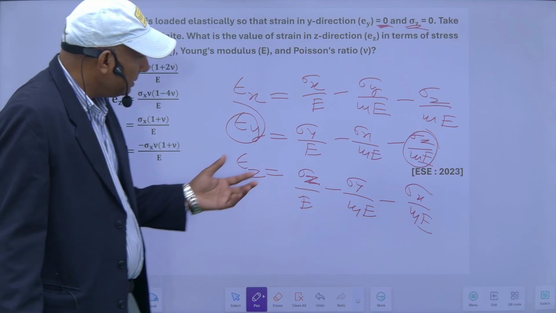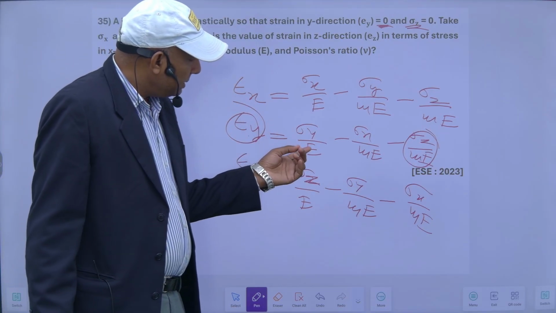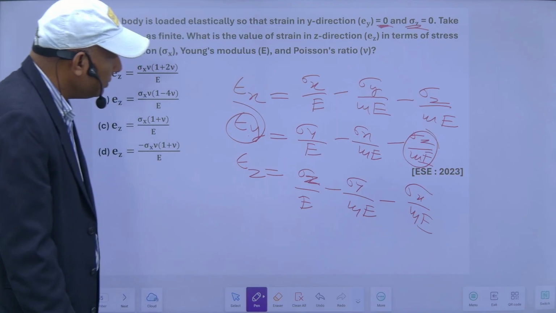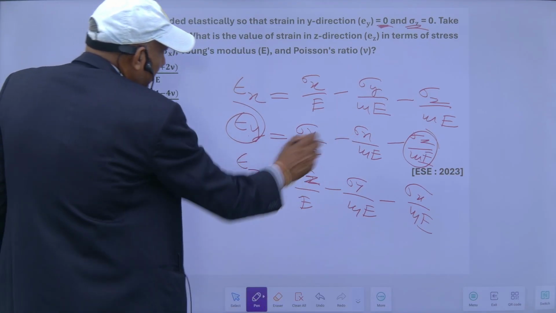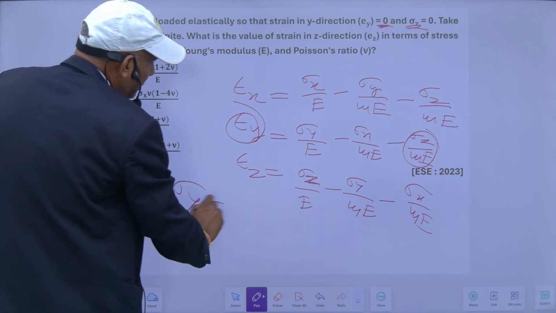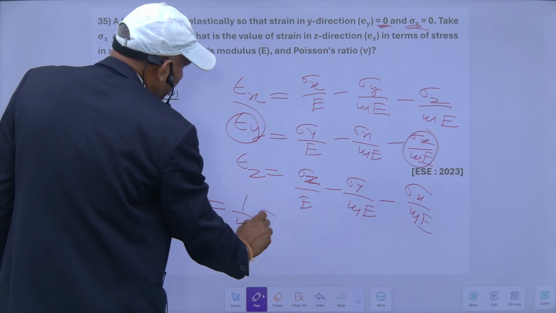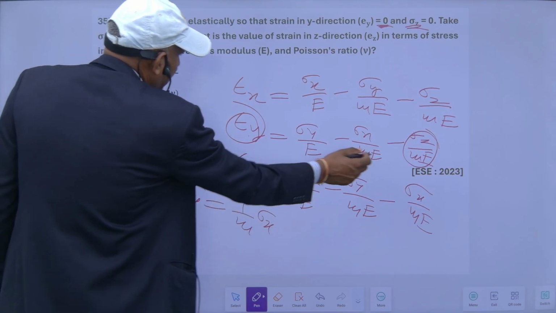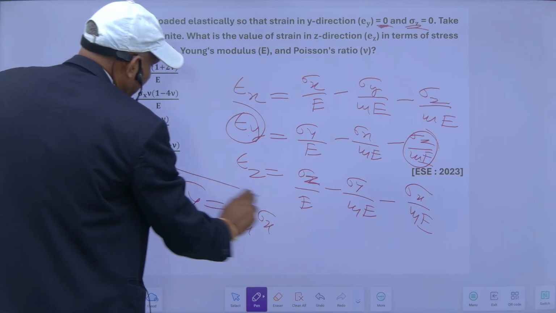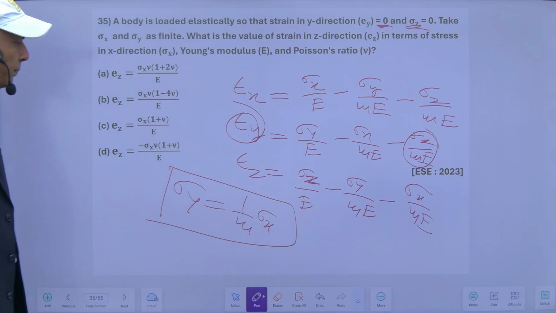What does it mean? This minus this is equal to 0. So it means sigma y is equal to 1 upon m into sigma x. When we equate this E and this, sigma y is equal to this much.